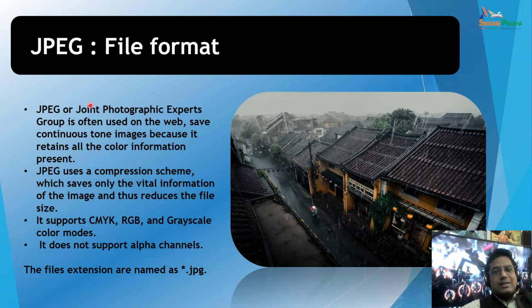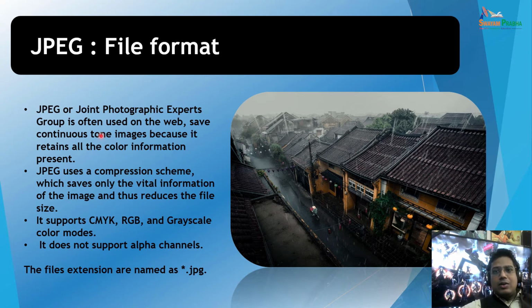Now moving to the next, the JPEG file format. It is the most versatile and most efficient format. In maximum places, 99.99% of industry in this current era works and saves their files in the JPEG file format, right?